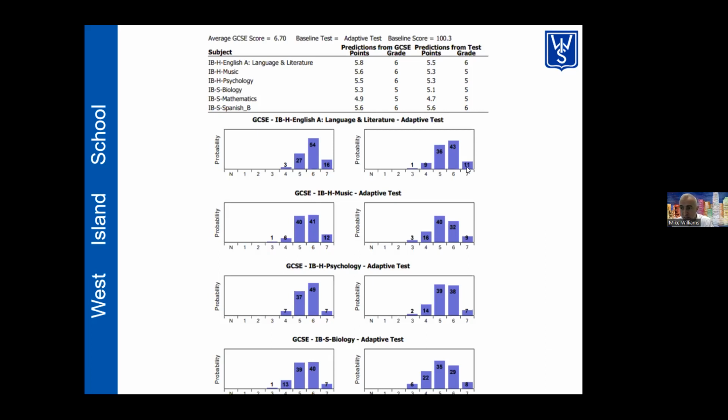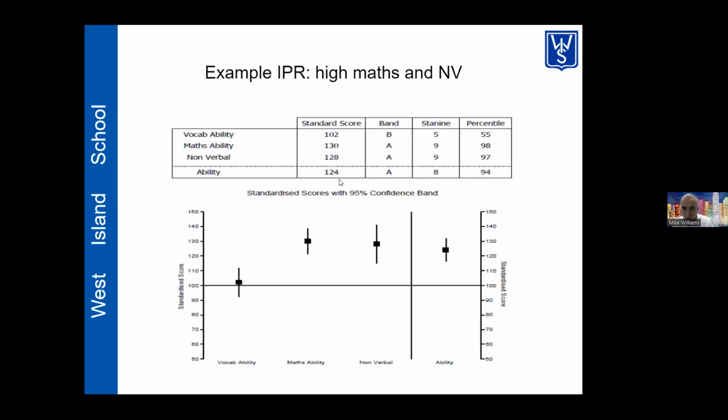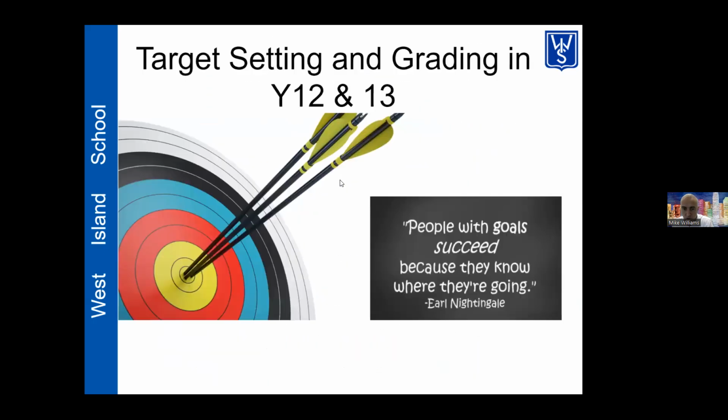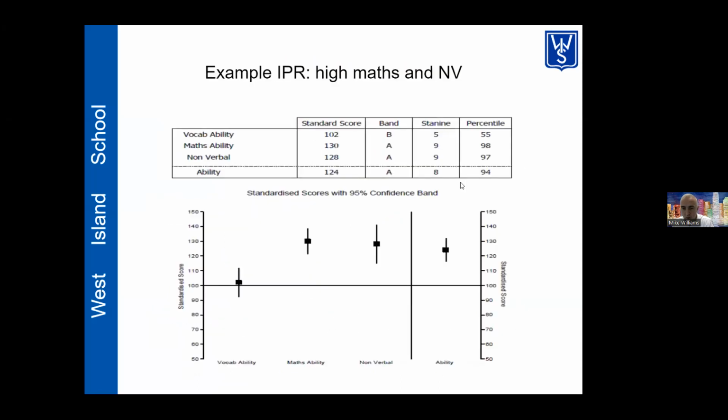Because 11% of them went on to get a level 7. So 11% of students who had a baseline score of 100, remember that comes from the ability score here. This one's 142. Sorry, yeah, this one's 112, would be more like the average student in West Island School.